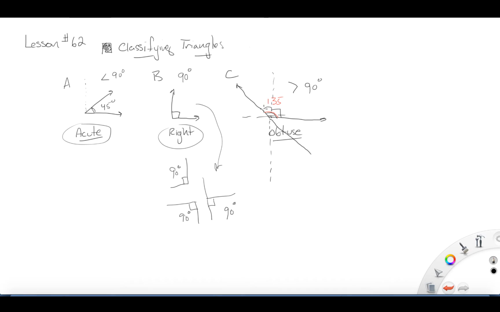In other words, this right here is worth 45 degrees, and we'll talk about some of the details, but what you need to know right now is that it's obtuse. Three kinds of triangles. If we classify, it's either acute, right, or obtuse. And that's the first part of your lesson.